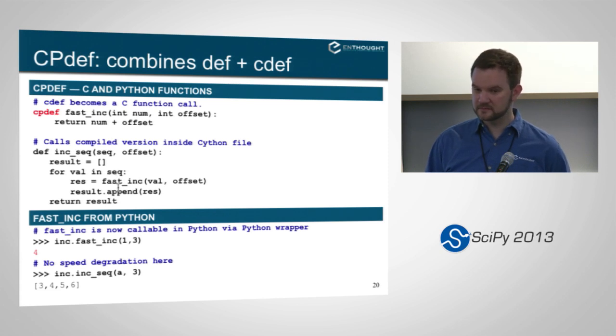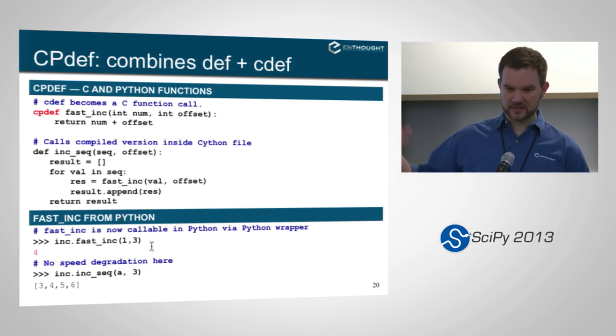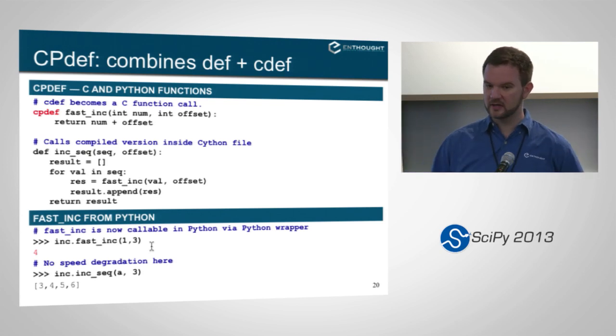Does that slow down the call to fastinc? There will be no slowdown when calling it from Cython, because it's going to call the C version of that function. It will be slower from the Python layer, because if you call it from the Python interpreter, it's going to have to go through the Python layer.